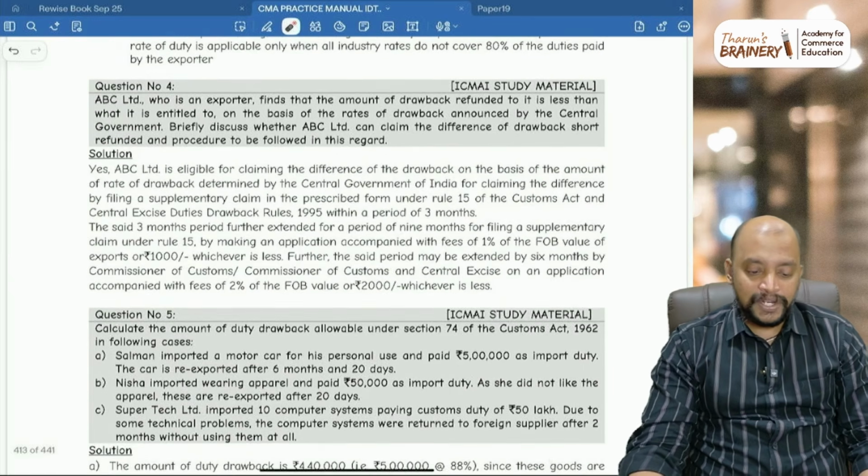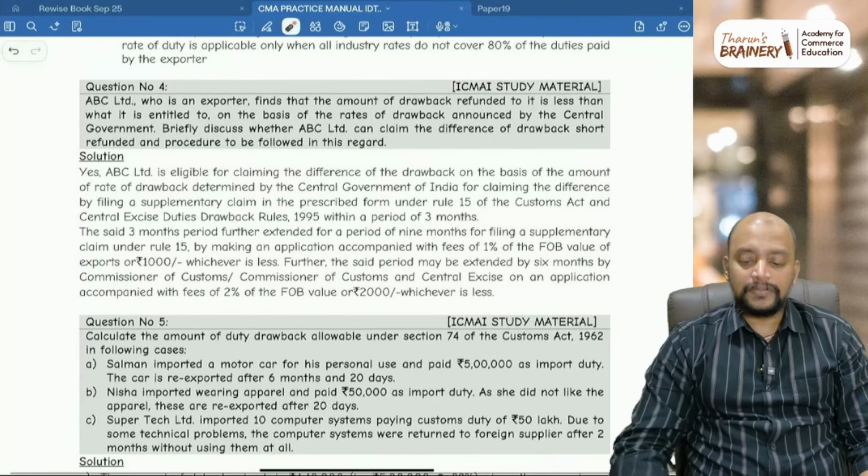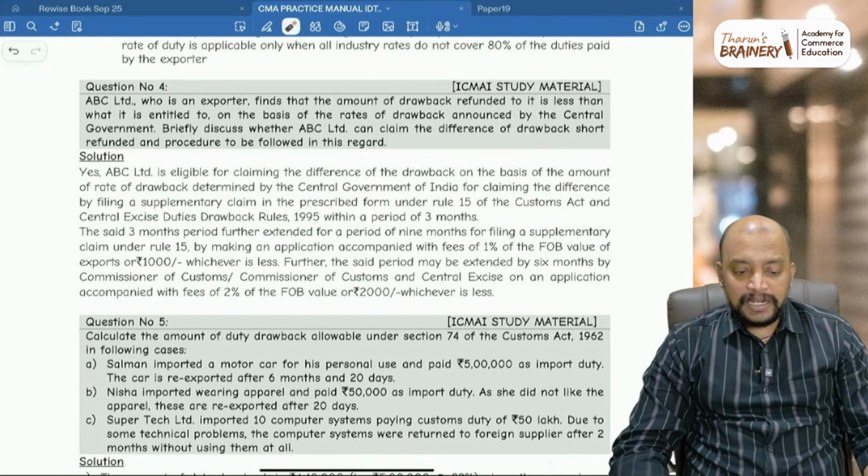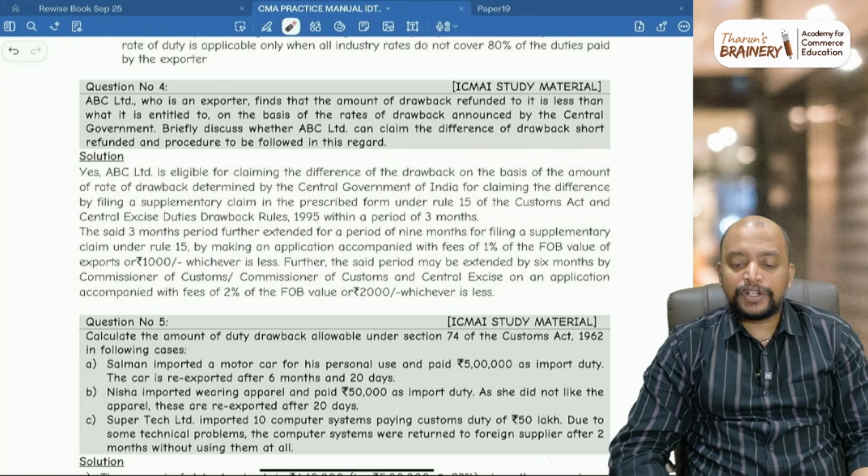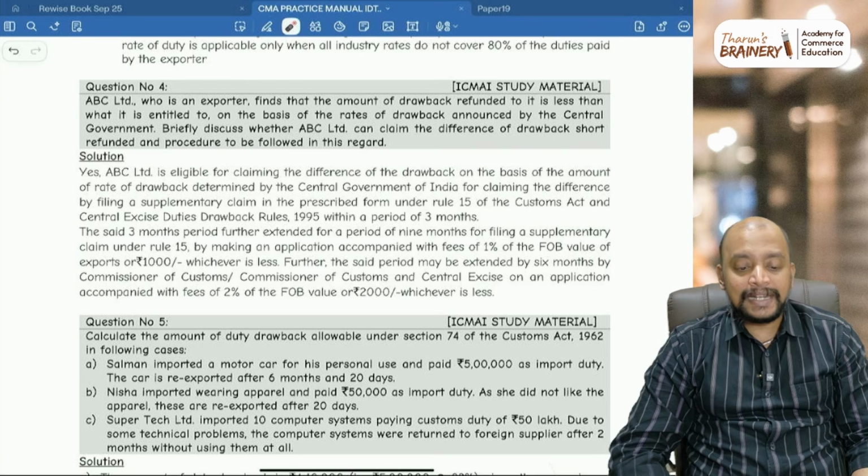Then question number 4. ABC Limited, an exporter, finds that the amount of duty drawback refunded to it is less than what it is entitled to on the basis of the rates of duty drawback announced by the central government.